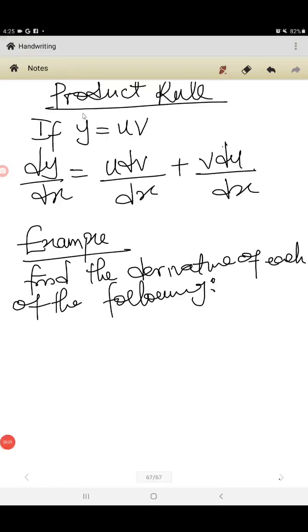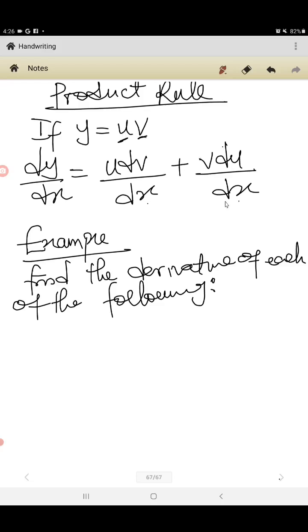Now we want to talk about the product rule. If y is equal to uv, the derivative of y with respect to x will give you the value of u, you write it, times the derivative of v with respect to x, plus the whole value of v, times the derivative of u with respect to x.